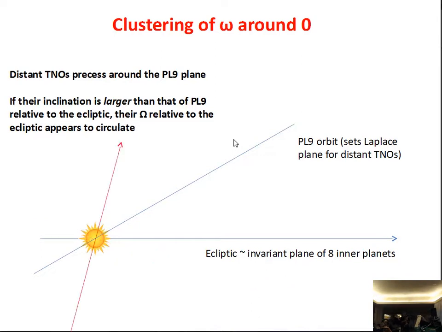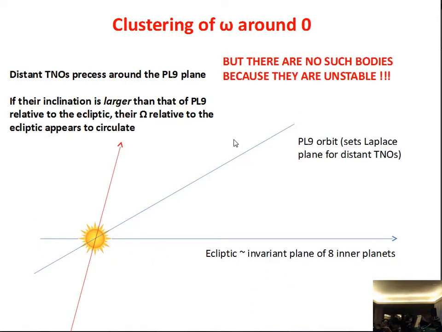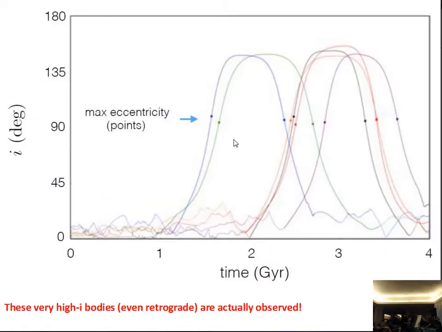The point is that these bodies don't exist: because they are so inclined relative to planet 9, they are unstable, and they are very vulnerable to an inclination instability. That is what we show here. This is a number of integrations of TNOs which have initially a non-negligible inclination relative to planet 9.